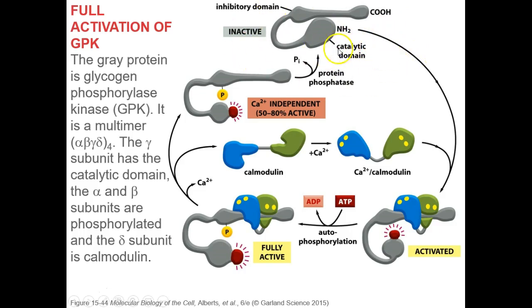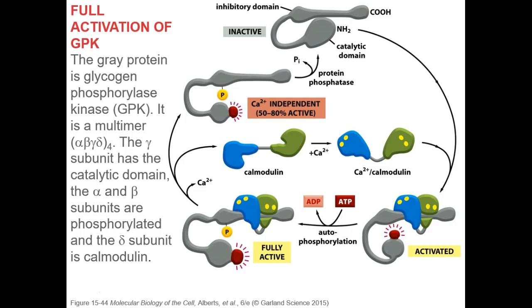So if this is phosphorylase kinase, and if it's completely inactive, what happens is that this is very cartoony. What phosphorylase kinase really looks like is a multimer. It has alpha, beta, gamma, delta subunits, and there are 4 of them. The gamma subunit is the catalytic domain, the alpha and beta subunits are phosphorylated, and the delta subunit is actually calmodulin.